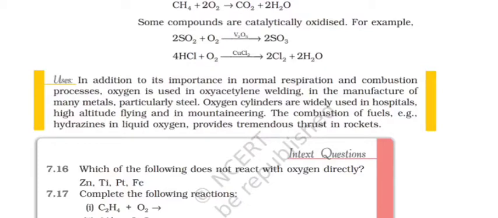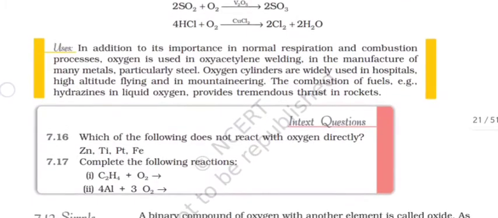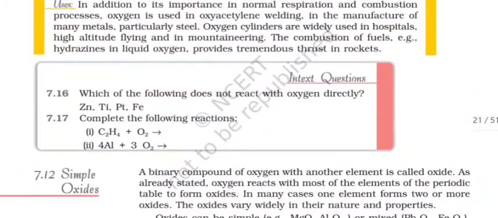Uses: in addition to its importance in normal respiration and combustion processes, oxygen is used in acetylene welding, in the manufacture of many metals, particularly steel. Oxygen cylinders are widely used in hospitals, high altitude flying, and in mountaineering. The combustion of fuels in liquid oxygen provides tremendous thrust in rockets.